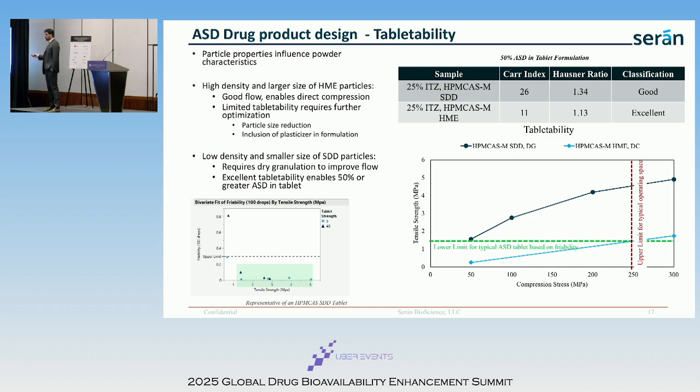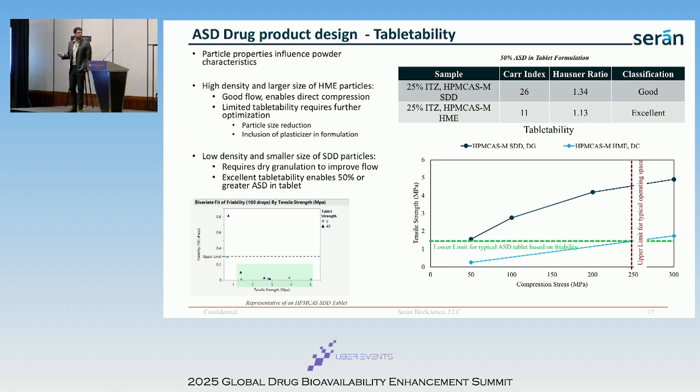So you can see here, we did slugging and milling, we dry granulated our STD, and we have excellent sensitivity across that region. We're able to identify a clear process parameter where we can scalably produce strong tablets.